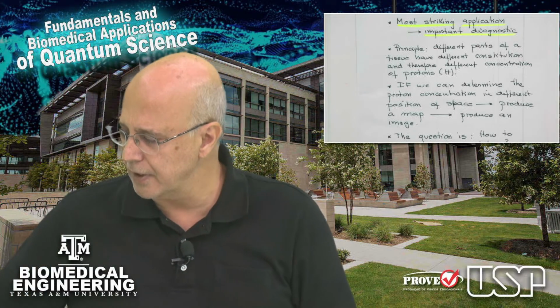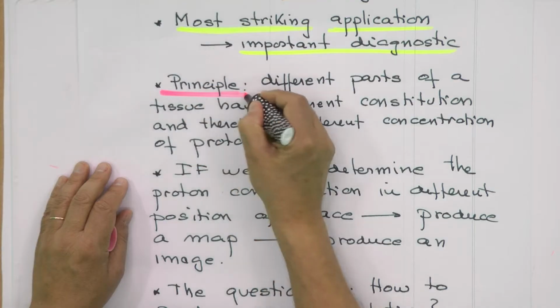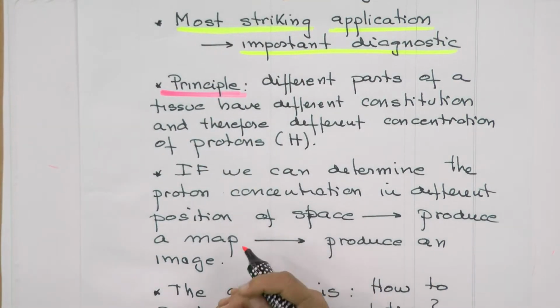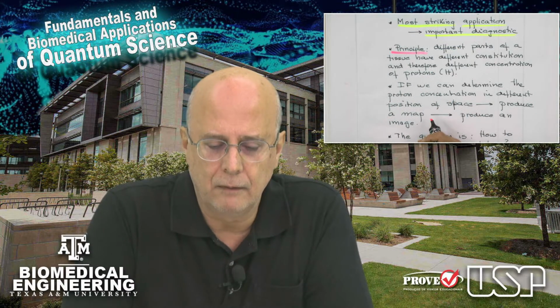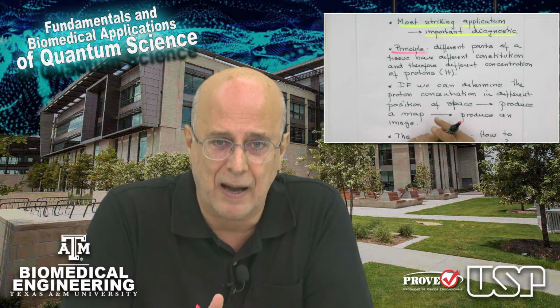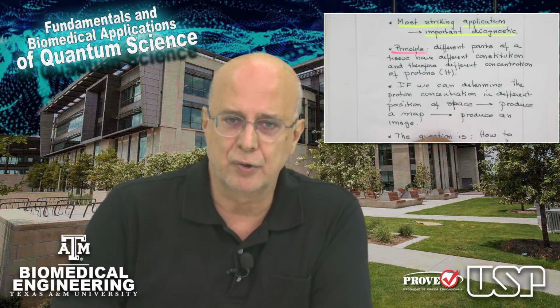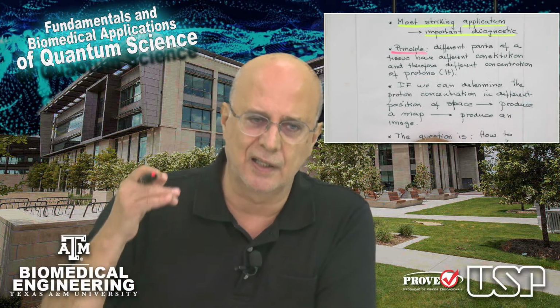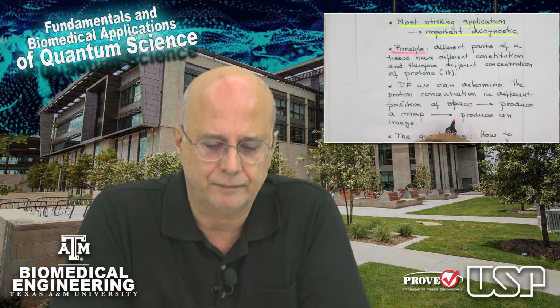What is the principle of this quantum application to see things in biomedicine? Well, magnetic resonance extrapolates beyond the biomedical. You do magnetic resonance to study soil, to study fossils, to study materials, to study anything you want.